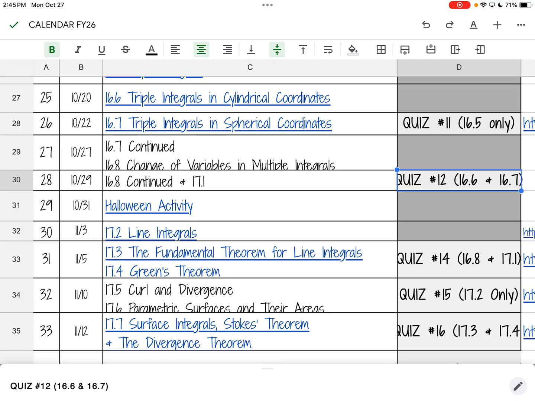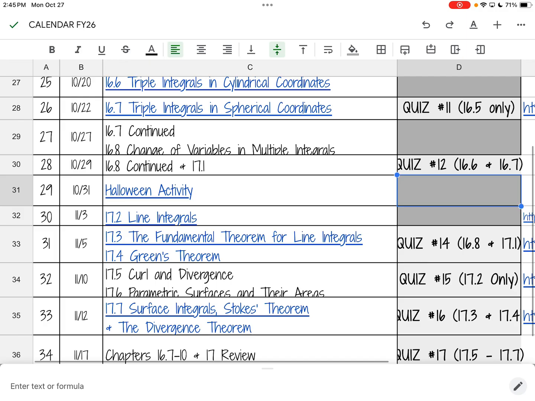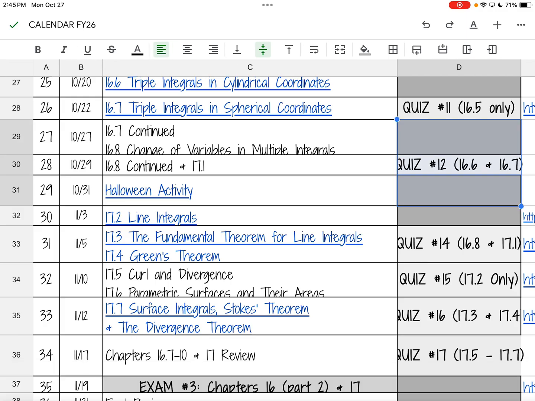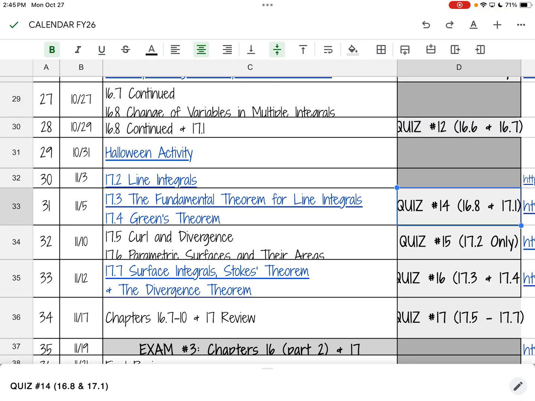So that will be spherical and cylindrical. And then we need to BYOP, bring your own pumpkin. And then we're gonna do line integrals. And we're gonna have a quiz on what we'll talk about next. We're doing 16.8 today a little bit, and then also we'll probably need more time to do it next class too.